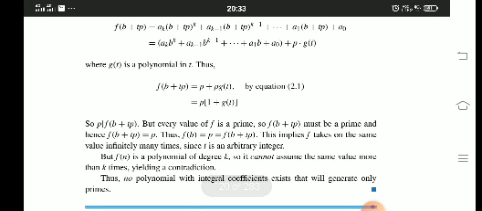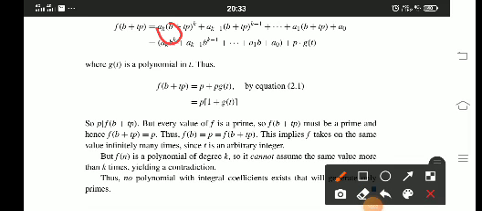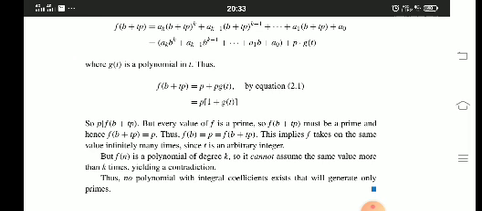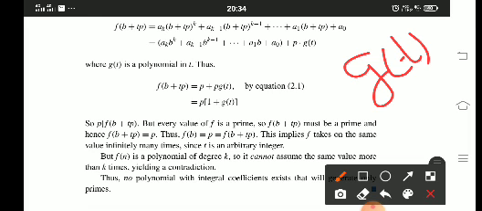We choose the first elements: a_k b^k, a_{k-1} b^{k-1}, up to a_1 b. Then a_k b^k + a_{k-1} b^{k-1} + etc. + a_1 b + a_0, plus the remaining terms, which are multiples of t, equal p times g(t), where g(t) is a polynomial in t.